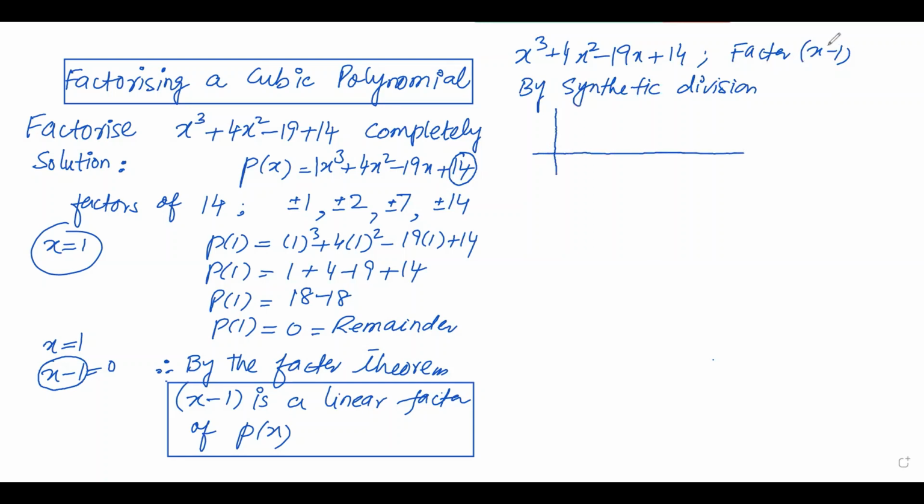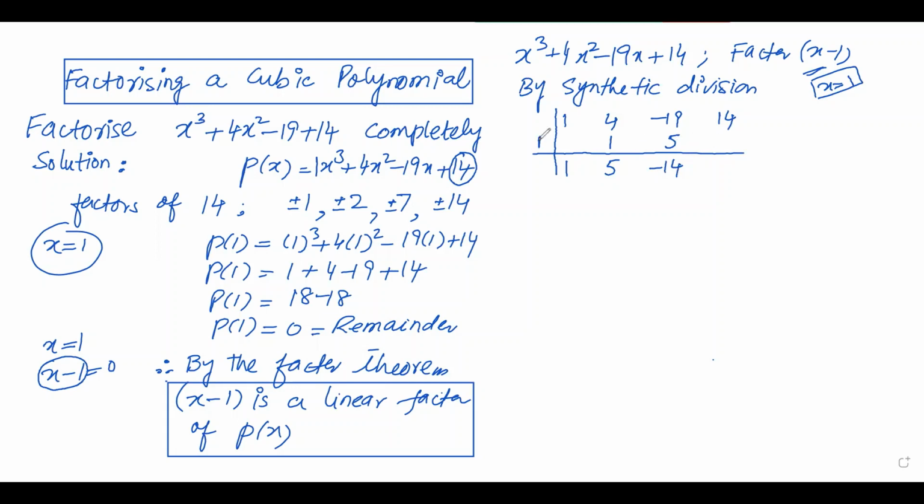So write as it is, x minus 1. So the value of x is 1 if we equate that to 0. Over here we write the coefficients 1, 4, minus 19 and 14. We just copy 1 here. 1 multiplied by 1 is 1. Write 5. 5 multiplied by 1 is 5. Write minus 14 here.